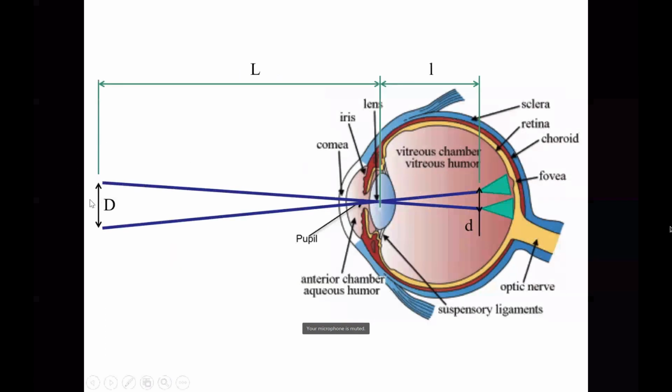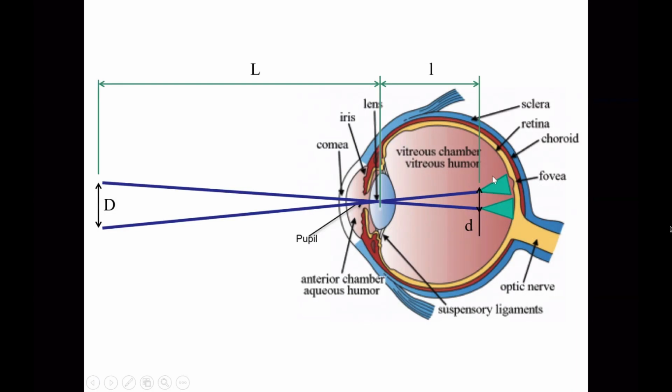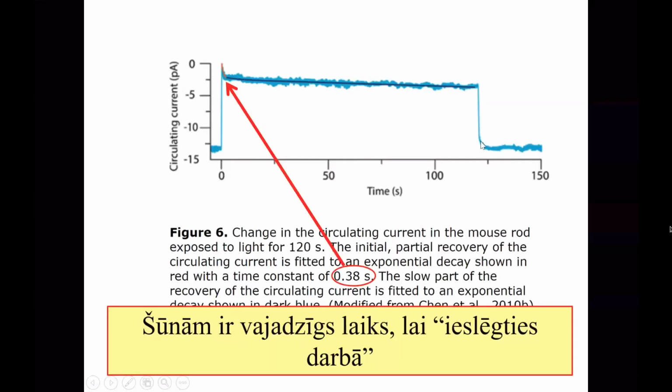Now, we're delivering light to the cells. And for instance, this cell is excited. But after some time, the signal is switched off because of the movement of the object. The signal is switched off. However, the cell is still not ready to get the next signal because of this relaxation.